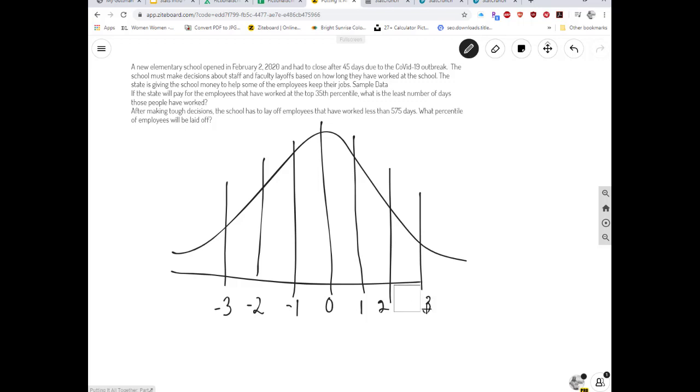So let's see. The mean, according to our output on StatCrunch, was 626.039. And I'm going to go ahead and round it. I'm just going to round it to wholes. I'm just going to say it's 626. And the standard deviation was 88.